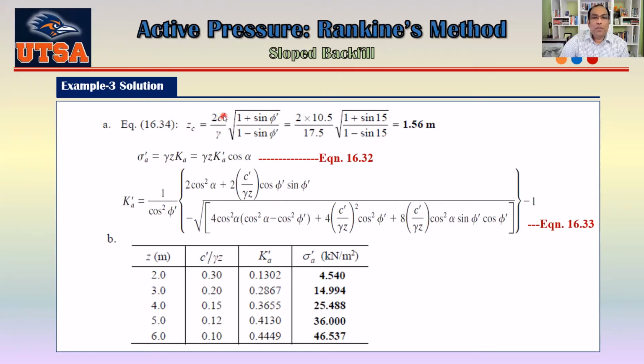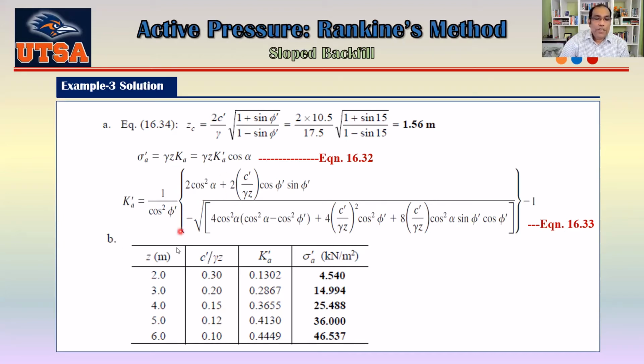So our C prime and gamma and phi prime is given. You just plug all those values here and you will get the depth of tension crack, which is 1.56 meter. Okay. Now let's try to do the second part, B.